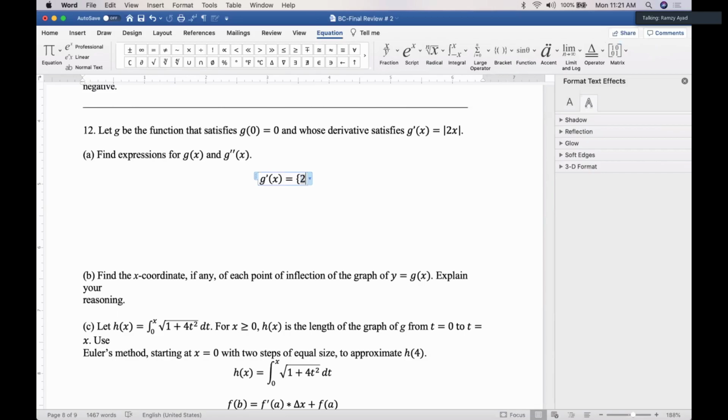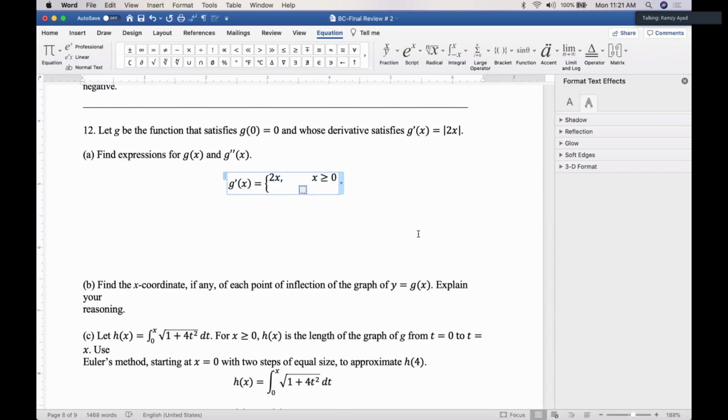First, we say 2x will stay 2x if x is what? If x is positive, this absolute value will do nothing and we'll leave it as it is. Is that true? Yes. Now, what if x is a negative value? It will switch it to positive.